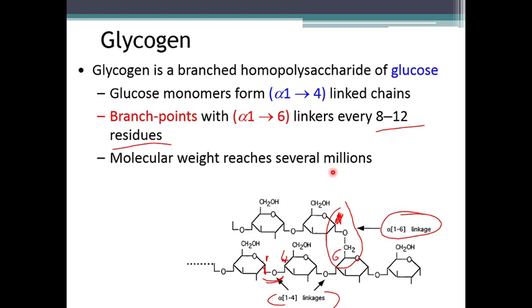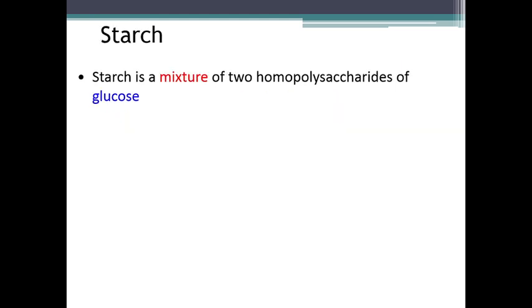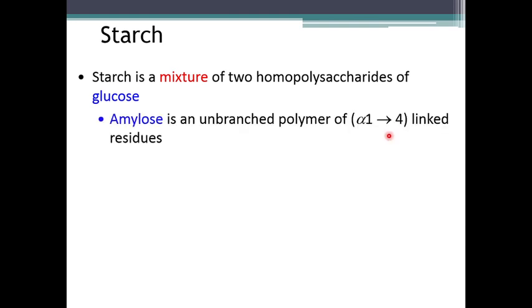Starch is another example of a polysaccharide. It is different from glycogen in the sense that starch is a mixture of two homopolysaccharides of glucose. What are those? Amylose. Amylose is an unbranched polymer of glucose. It has alpha 1,4 linked residues.